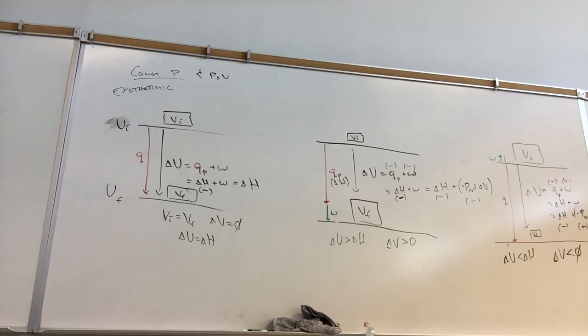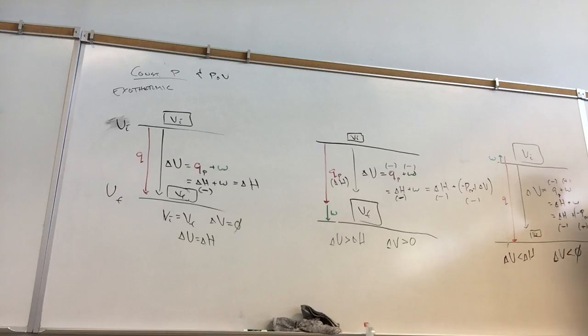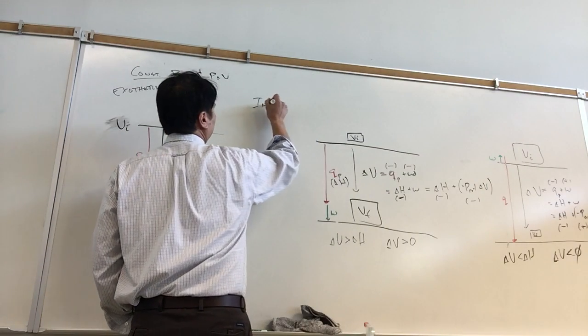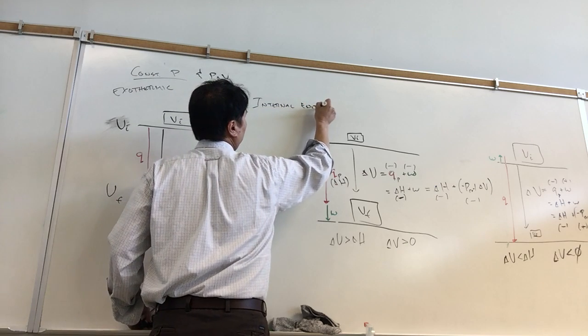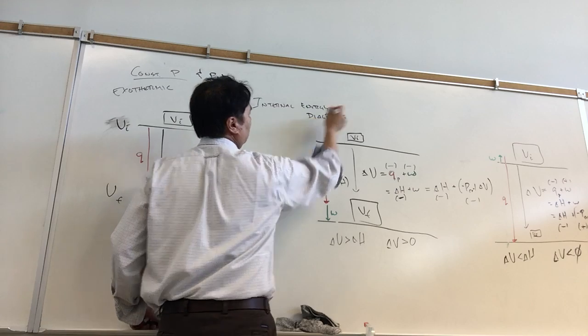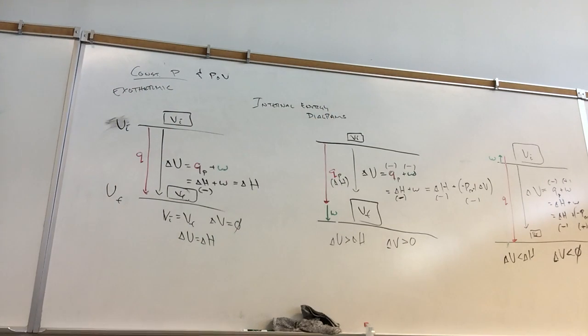You're going to have more stuff to keep track of, because this is using internal energy diagrams. All right, next we're going to do the same three using enthalpy diagrams, enthalpy rather than internal energy.